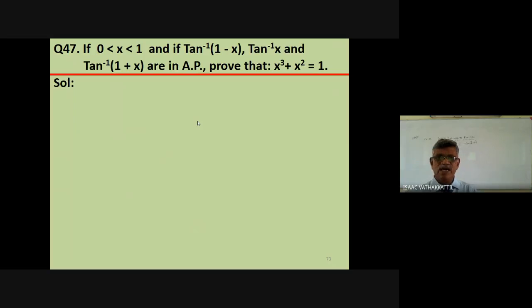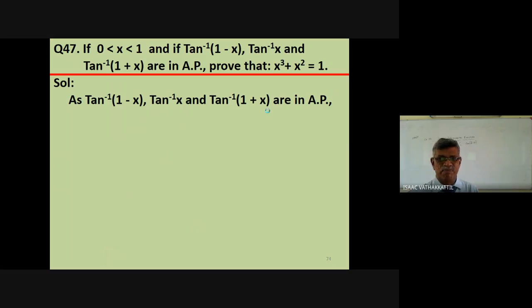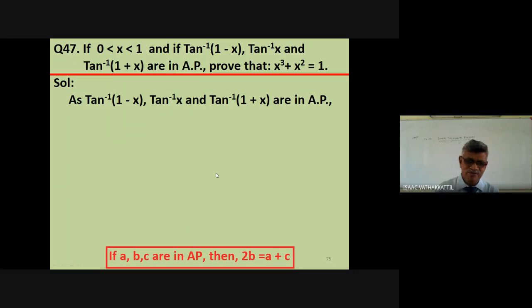If A, B, C are in arithmetic progression, what we know is that B minus A equals C minus B, which eventually gives 2B equal to A plus C, or B equal to A plus C by 2.